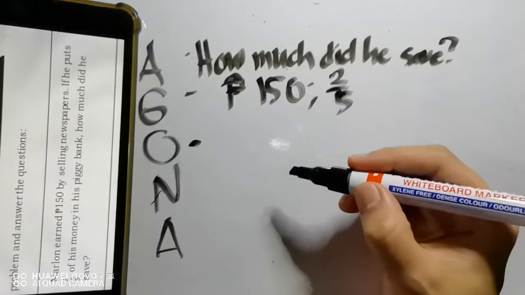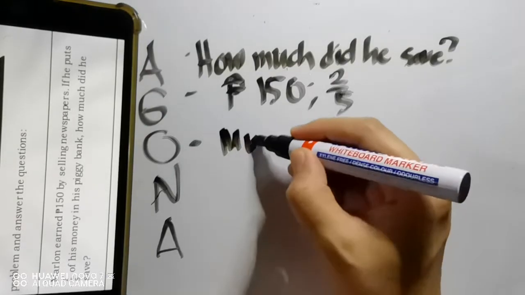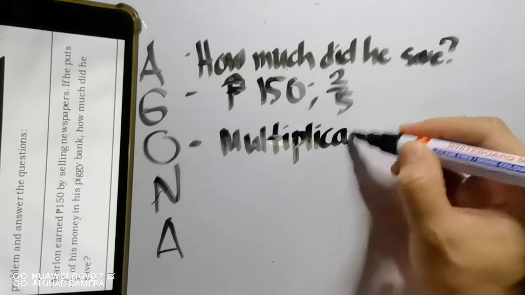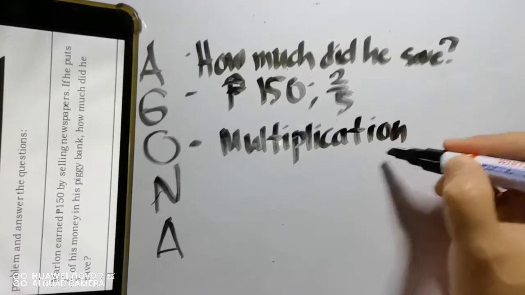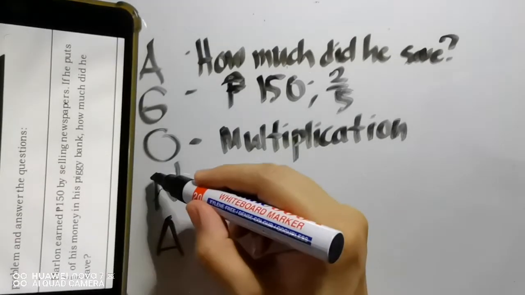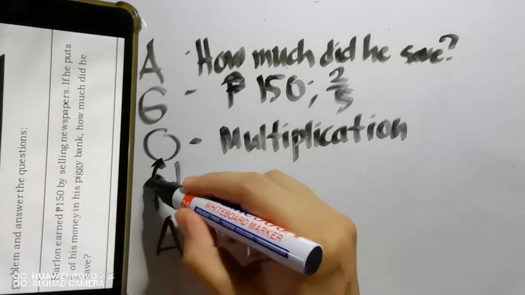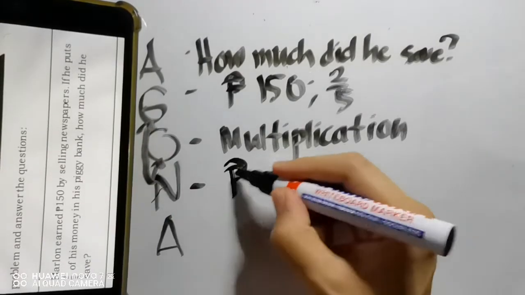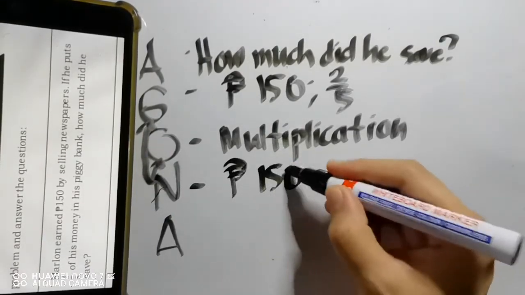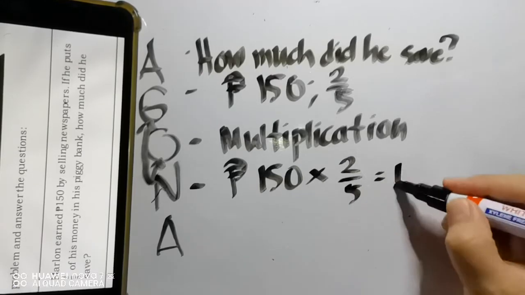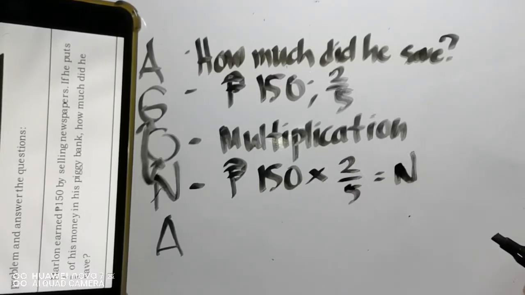The operation is multiplication. Number sentence: when you say number sentence, it is the combined operation and given, because you combine them. So, 150 pesos times 2/5 equals n. That is our number sentence.